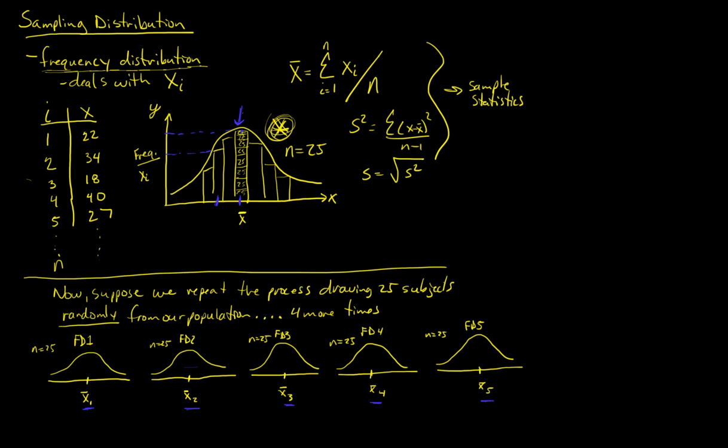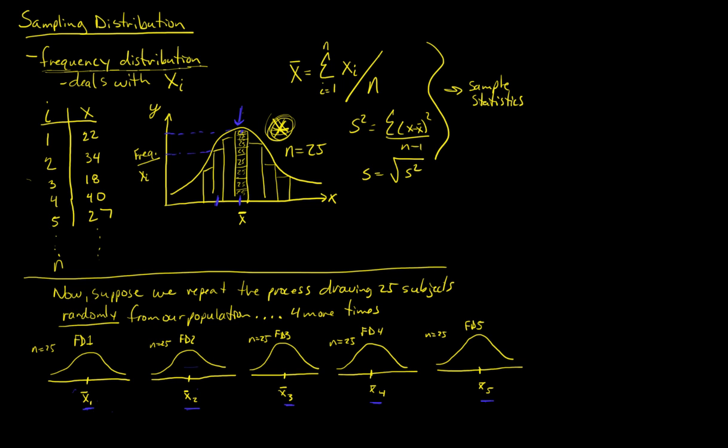But each one of these x bars, x bar 1, x bar 2, x bar 3, is in fact a point estimate of what the mean in the population could be. But now, to extend from a frequency distribution to a sampling distribution, we now have values here. Just like we had raw score values to create a frequency distribution, we can now create a frequency distribution of these 5 mean scores.